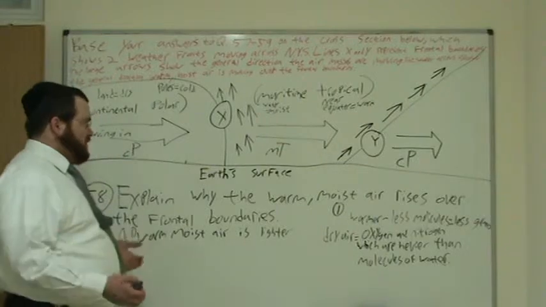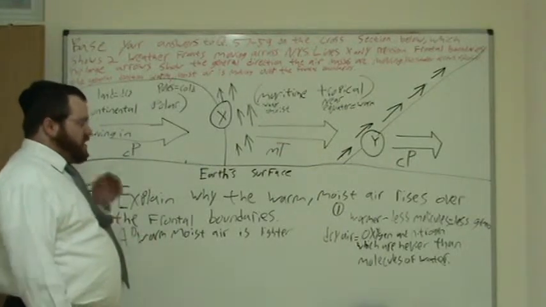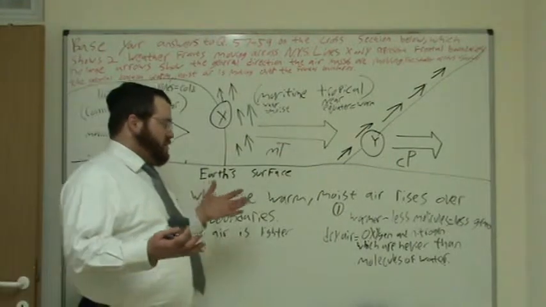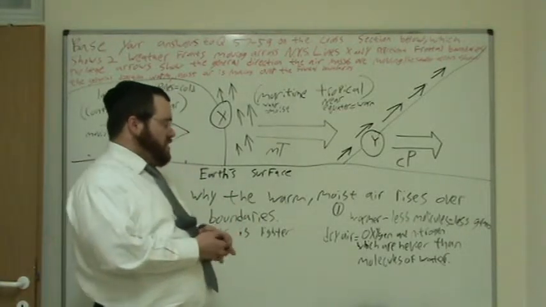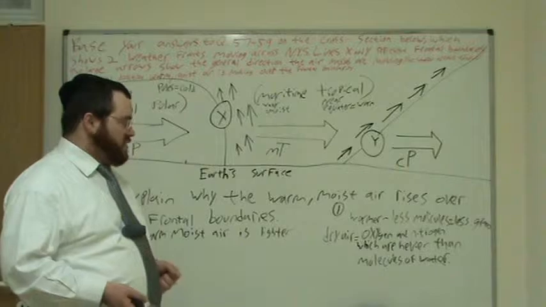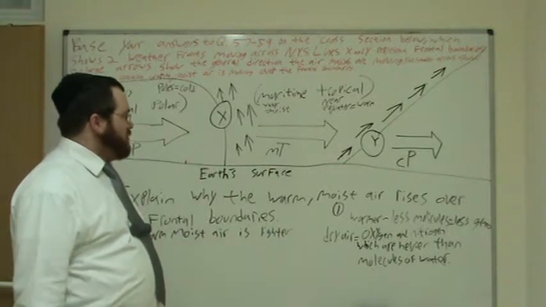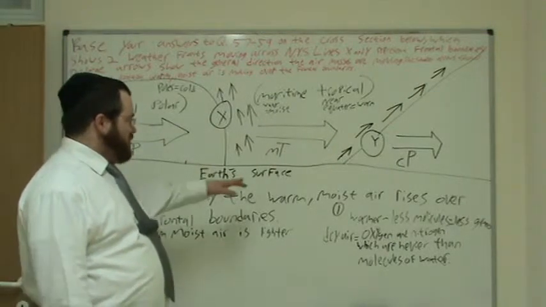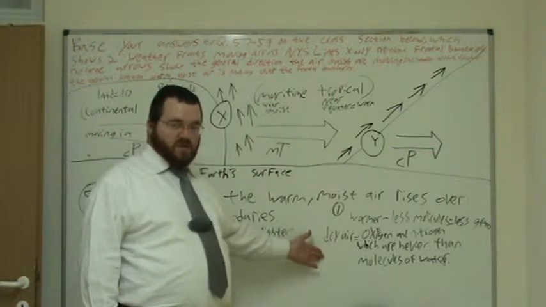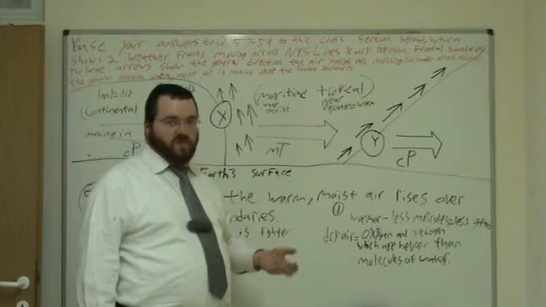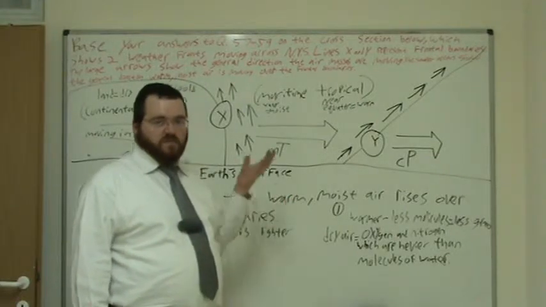And if you want to explain it, you could say because dry air has molecules of oxygen and nitrogen, which are heavier than molecules of water, and the warm air over here is maritime tropical, so it has liquid in it. It has molecules of water which make it lighter.